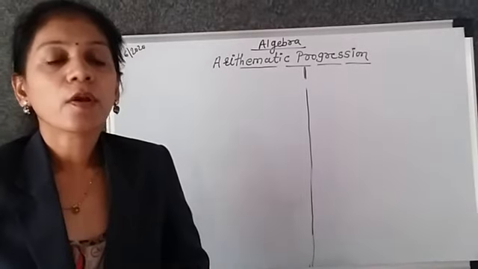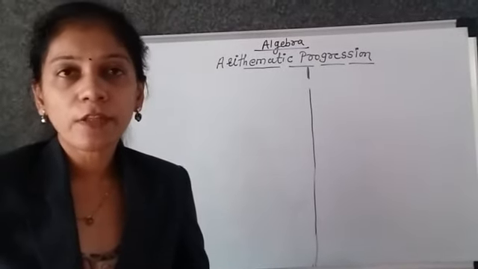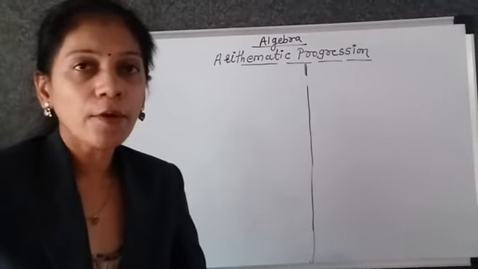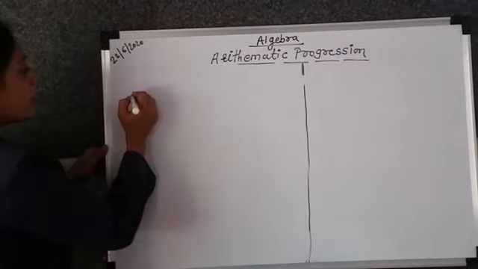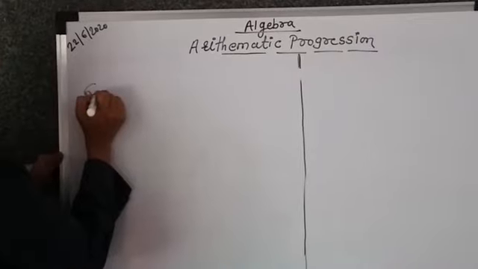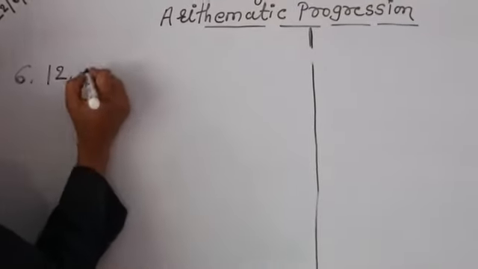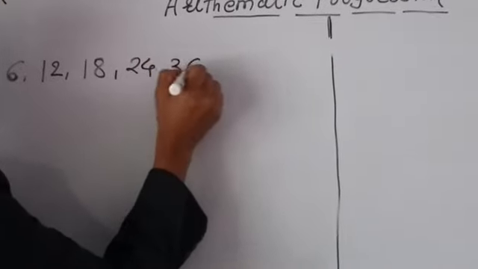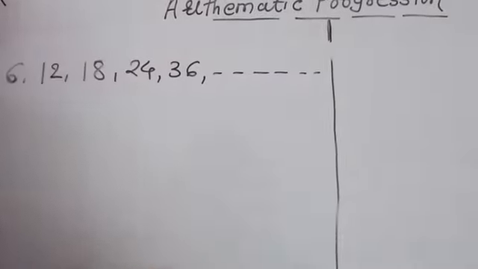So everyone understood what is meant by sequence and what is meant by progression. So let's see what is meant by arithmetic progression. I am writing here the number series 6, 12, 18, 24, 36 and so on.